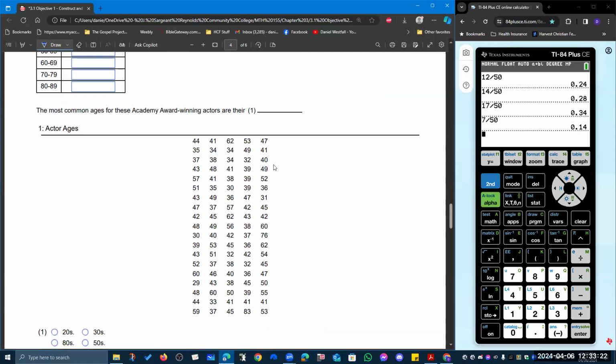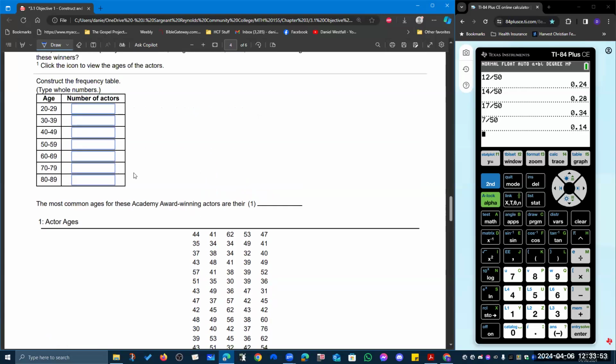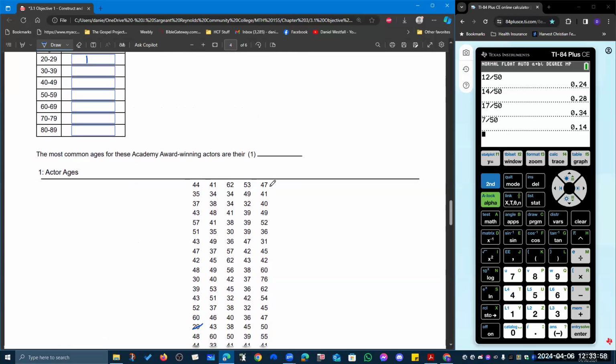Let me go column by column. 1, okay. See if that holds. I may have just overlooked something.